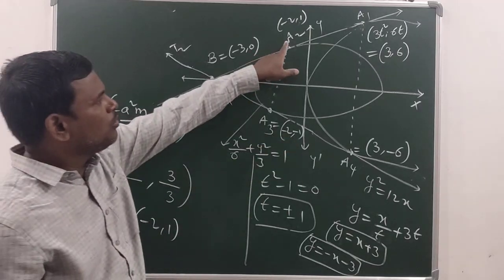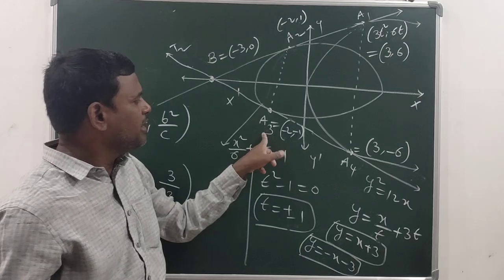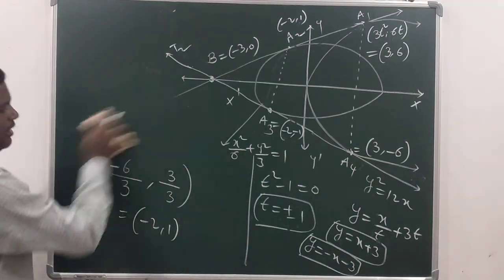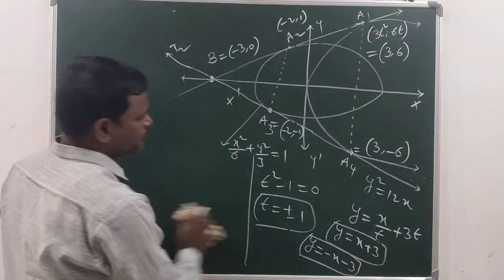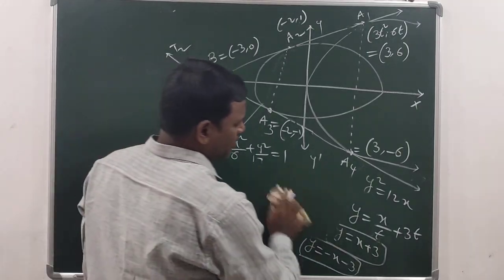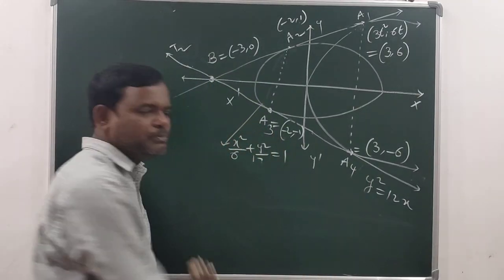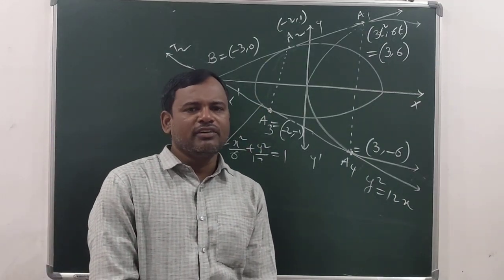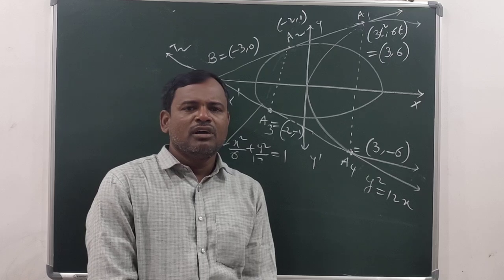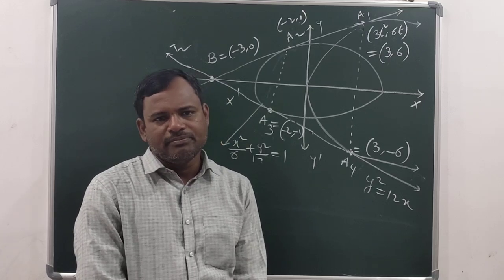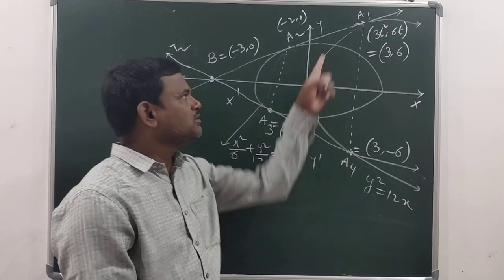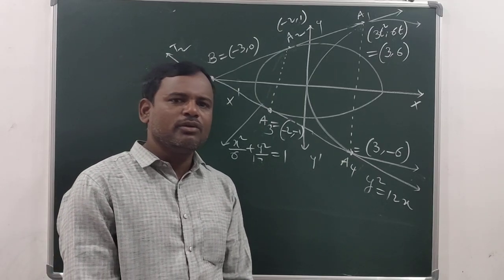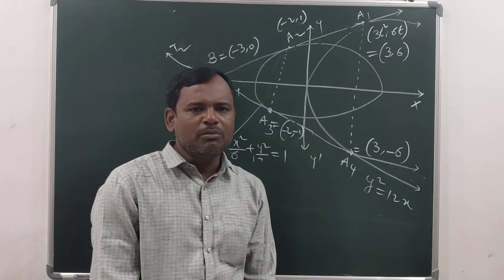Now you got coordinates of A1, A2, A3, A4. Okay. Right. Area of that quadrilateral, how do you find? To find area of a quadrilateral, you have a direct formula in coordinate geometry. You can use that formula because we know here 4 vertices of that quadrilateral, then you can apply that formula.